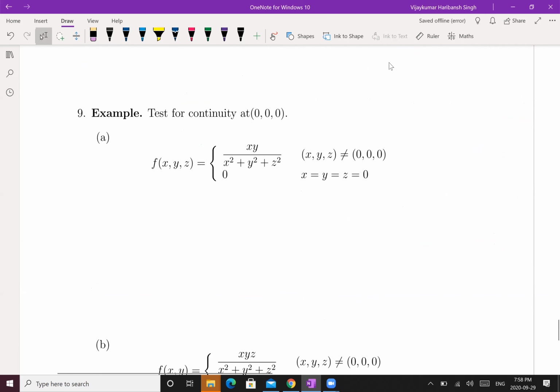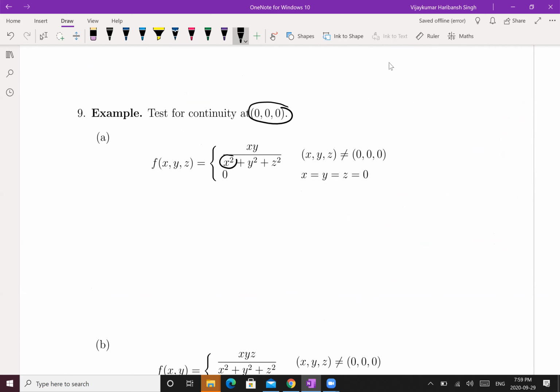Now test for continuity at (0, 0) for this function. Now, this is a function of 3 variables, but the concept is similar to a function of 2 variables. So when do we take the path approach?